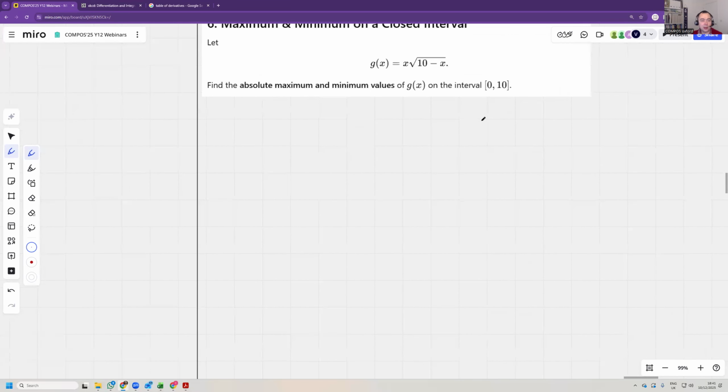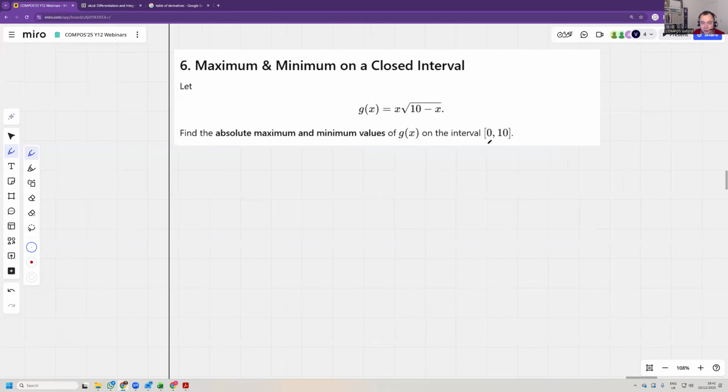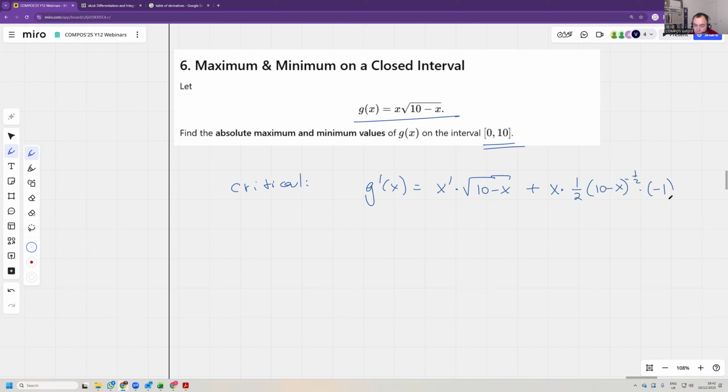Once again, here we have the interval from 0 to 10. And we have a function, so we find the critical points. So g dash x, we use the product rule here. So that's going to be x dash multiplied by square root of 10 minus x, plus x multiplied by the derivative of the square root, so it's 1/2 (10 minus x) to the power minus a half multiplied by minus 1.